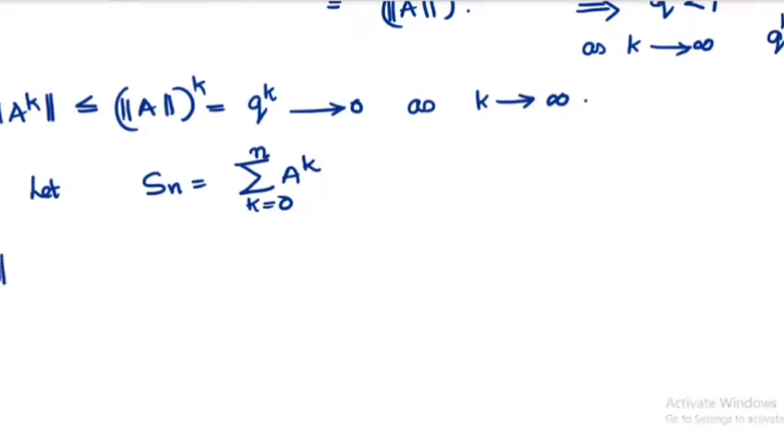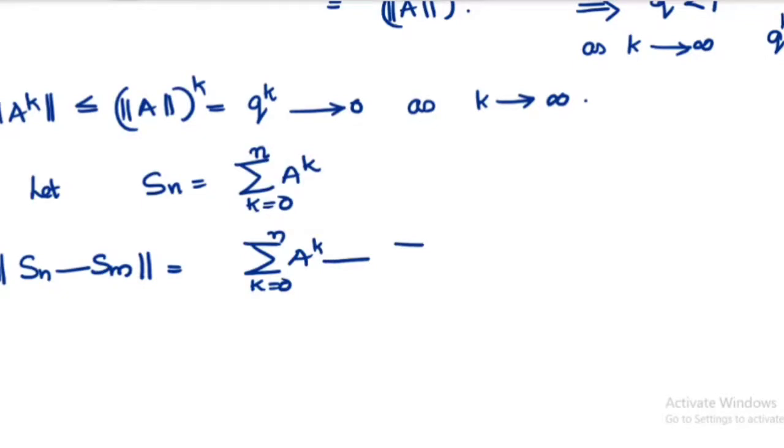Now what is norm of Sn minus Sm? This is the norm of the sum over k equal to 0 to n of A raised to k minus the sum over k equal to 0 to m of A raised to k. Suppose we choose n greater than or equal to m.